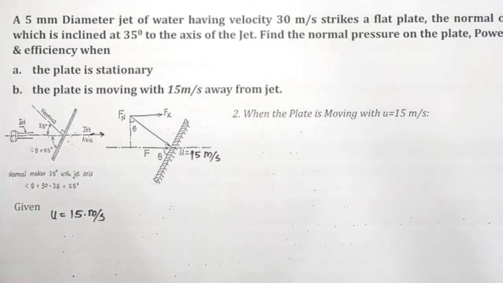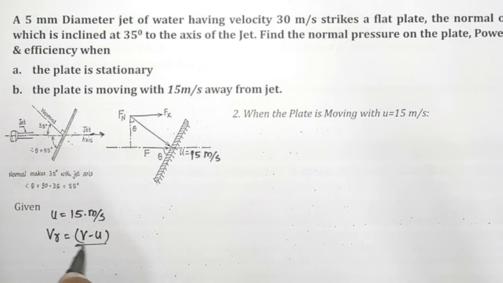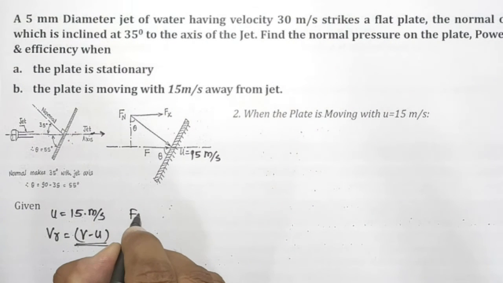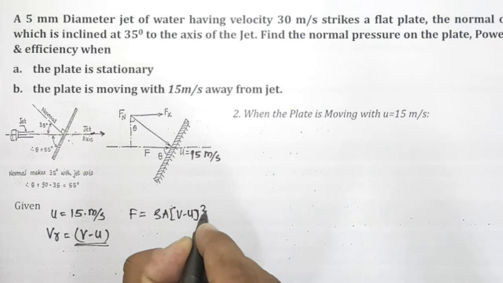Now what we have to find out is the relative velocity, Vr is equal to v minus u. So while striking the plate, the jet velocity will become the relative velocity. Now the force F is equal to rho a (v minus u) bracket square.